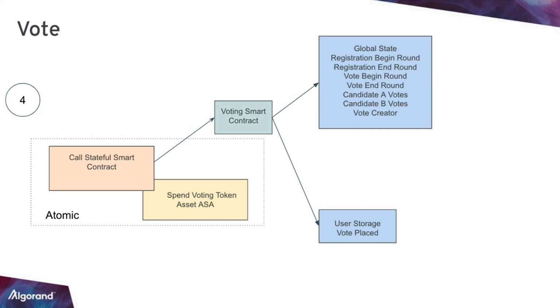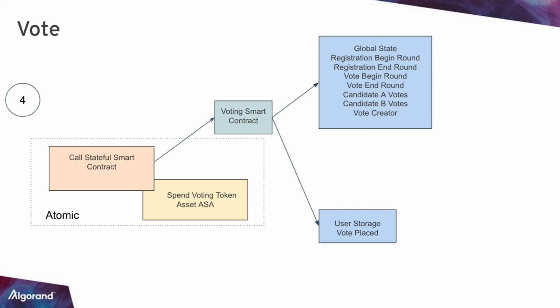One was an application transaction to call my voting smart contract, and the other is, in order to vote, I actually have to spend my voting token, and you're spending the voting token back to the central authority that gave you the token to begin with. All right, so those two are atomically grouped. What that says is if either one of these fails, then both fail. When a stateful smart contract fails, any changes it's made to state will be rolled back.